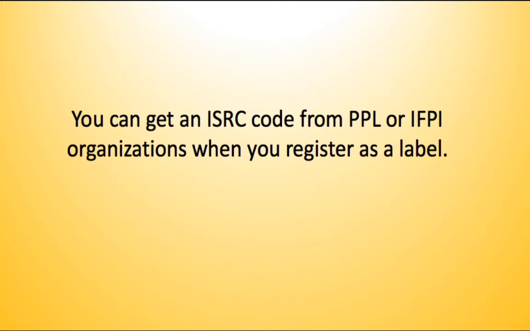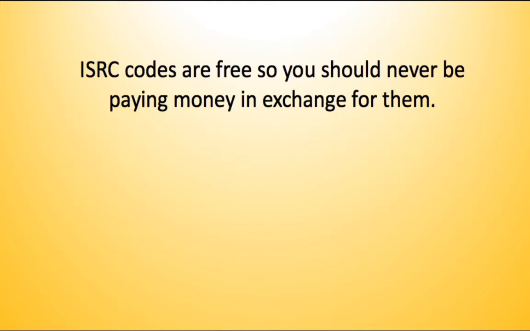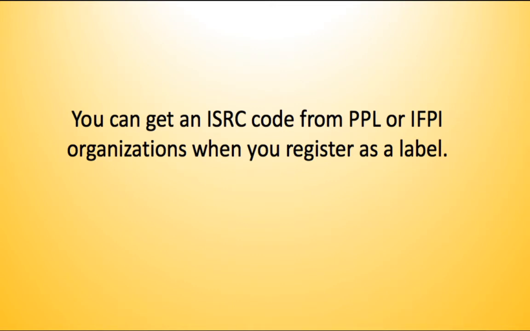You can get an ISRC code from the PPL or IFPI organizations when you register as a label. Let me stop there for a second. As an artist, more than likely you'll sign up under someone else. If you sign up under a label, they will automatically make yours for you because they have already picked theirs up. So you don't have to purchase one, they'll do it for you. If you're a label, then you go to one of those two places to register as a label.